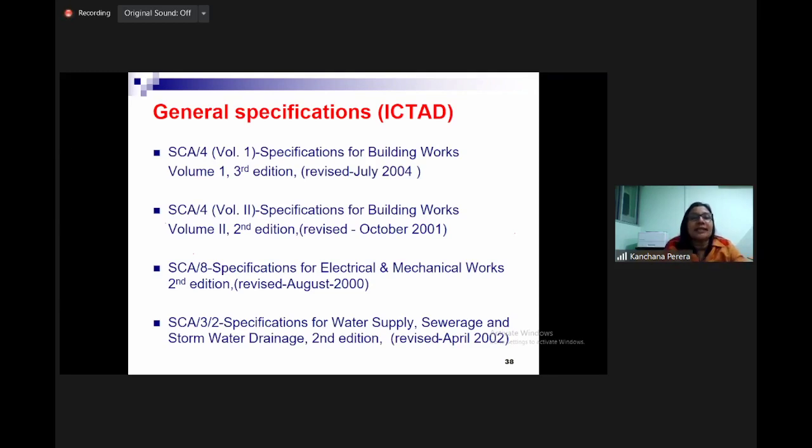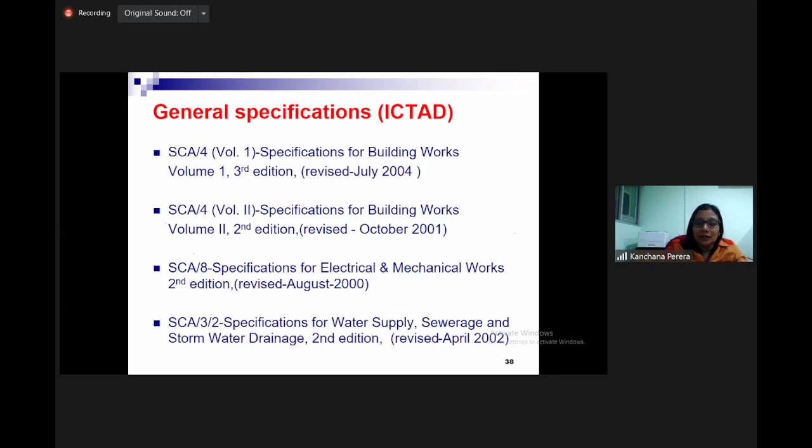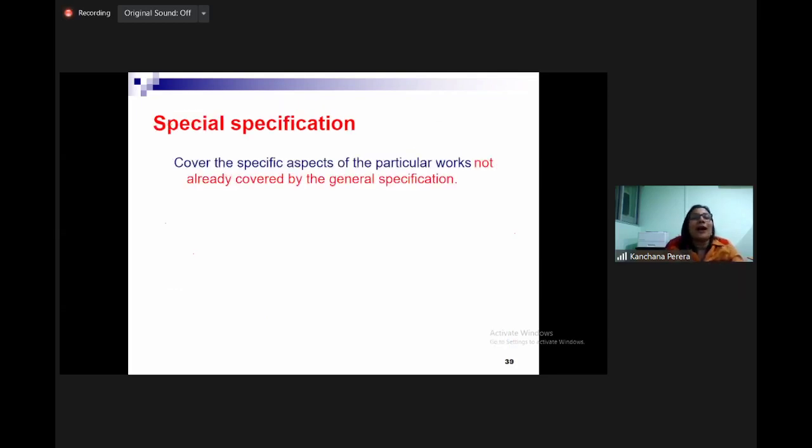We cannot change the general specification. The general spec should be the standard document. With the use of special specification, we refer to clause number S20 of specification of building works, volume 1: delete this part, add this part, change this part, likewise. The special specification customizes the general specifications according to our project requirements.